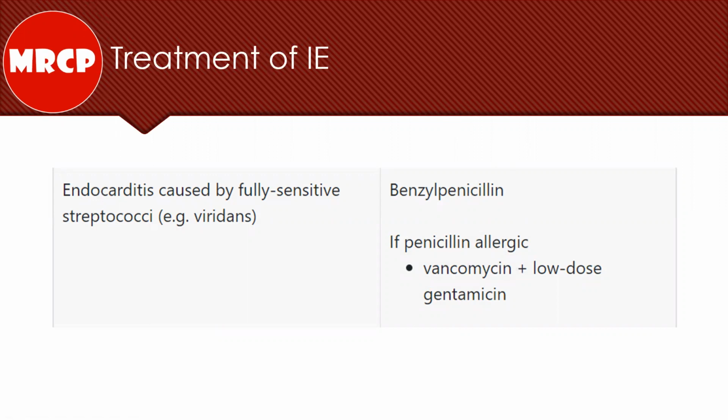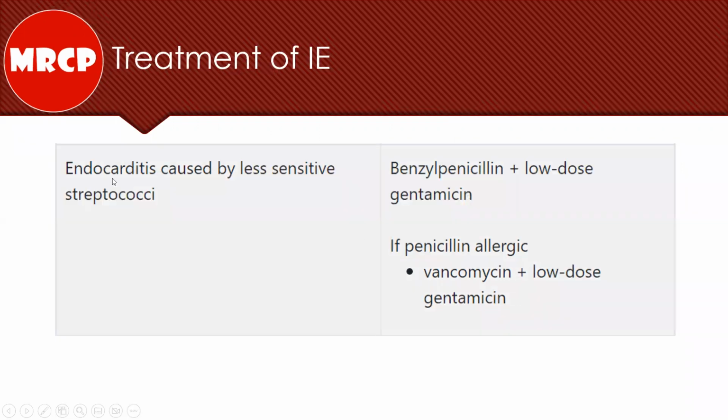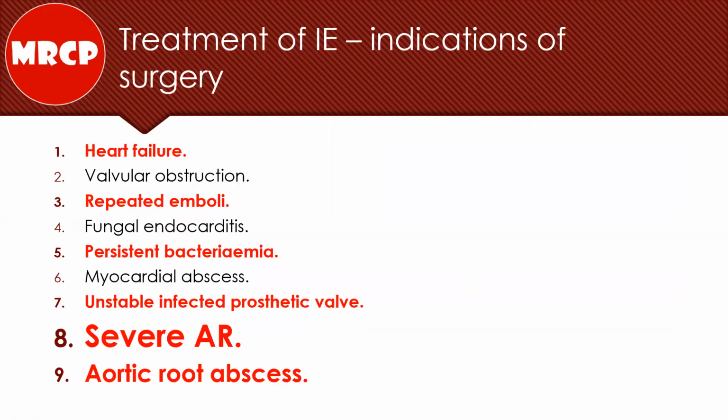If the patient is allergic to benzyl penicillin, we give vancomycin with low dose gentamicin. If the endocarditis is caused by less sensitive streptococci, you will use benzyl penicillin with low dose gentamicin. If again the patient is allergic to benzyl penicillin, you will use vancomycin and low dose gentamicin. This is the antibiotic therapy for patients with infective endocarditis.